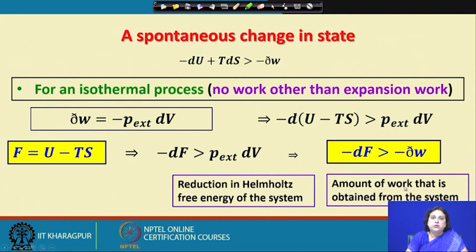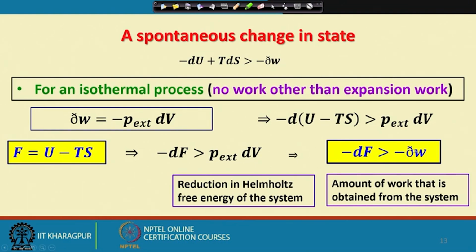Therefore, the take home message from this slide is that minus dF is a reduction in the Helmholtz free energy of the system, and minus dW is the amount of work that is being obtained from the system.